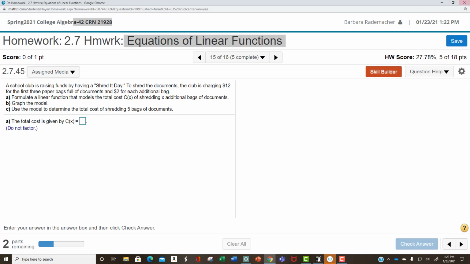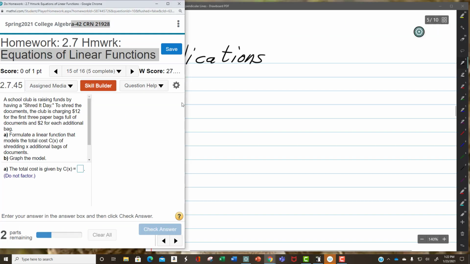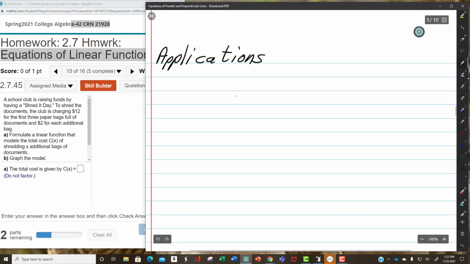So if I were going to draw a picture of this, I would say that if this is a paper bag, okay, if you only bring in 2 bags, you're still going to pay $12.